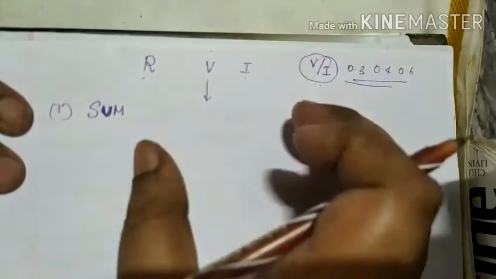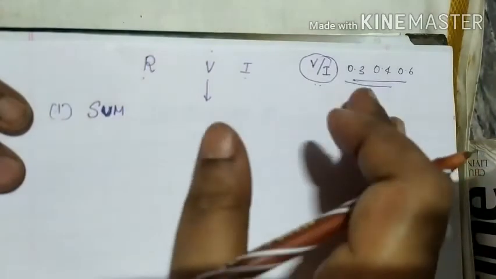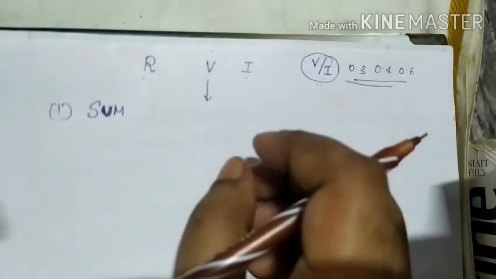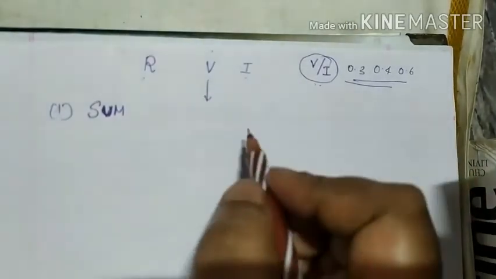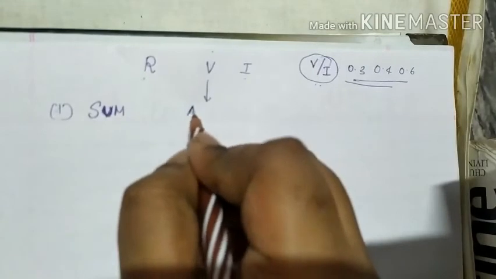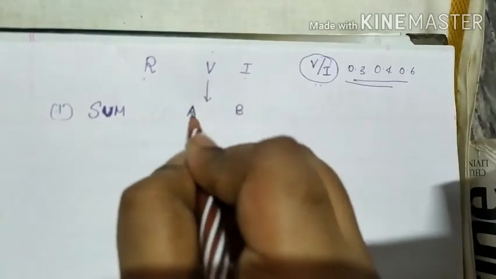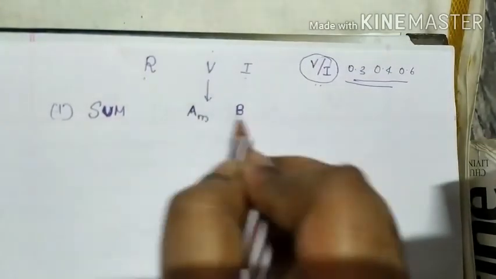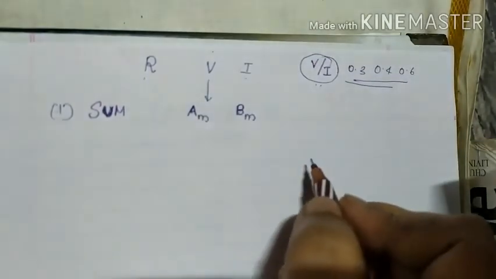I'm going to introduce some terms quite similar to your textbook, but I'm going to introduce some suffix to it so that it will be easy for you guys to understand. I'm measuring two values, A and B. This is my measured value, so I'm going to write it as AM and BM.